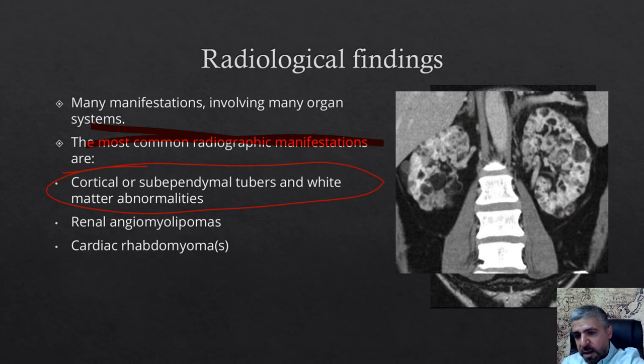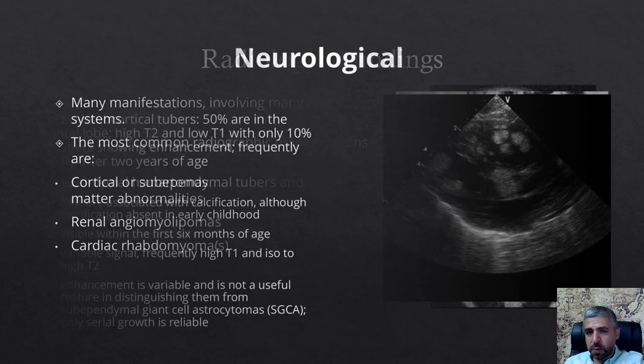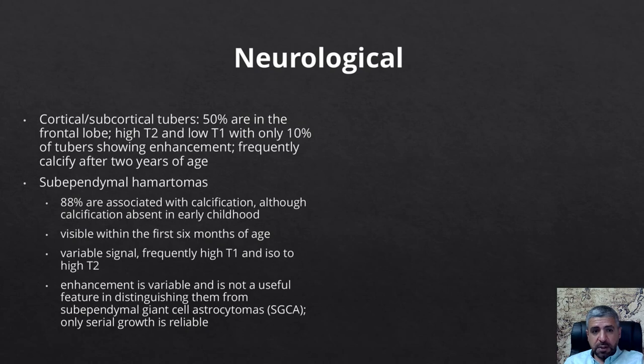You can see here there are innumerable renal fat-containing lesions, what's called renal angiomyolipomas, and on the echocardiography we have cardiac rhabdomyomas. You can see in this echocardiogram we have this lesion here and here and here, so there are multiple cardiac rhabdomyomas. All of them are very common findings in patients with tuberous sclerosis. So let's talk about these findings in a little bit more detail.